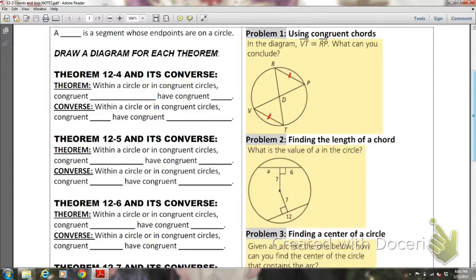You can conclude that if the chords are congruent, then the associated arcs are also going to be congruent. Arc VT is congruent to arc RP, and those central angles are also going to be congruent. Angle VDT is going to be congruent to angle RDP.